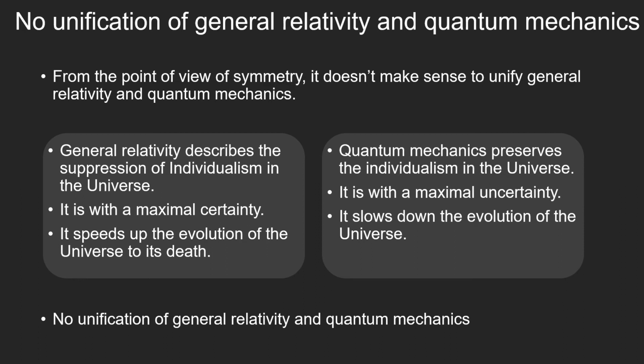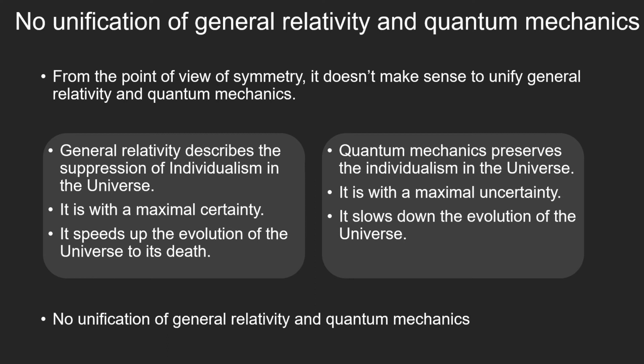Second, quantum mechanics preserves the individualism in the universe. It is with a maximal uncertainty. It slows down the evolution of the universe. This means that general relativity and quantum mechanics play an opposite role in the evolution process of the universe.